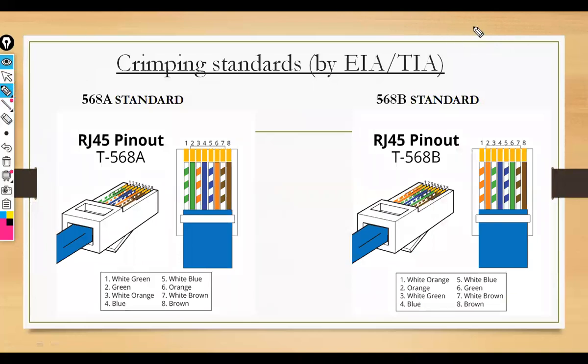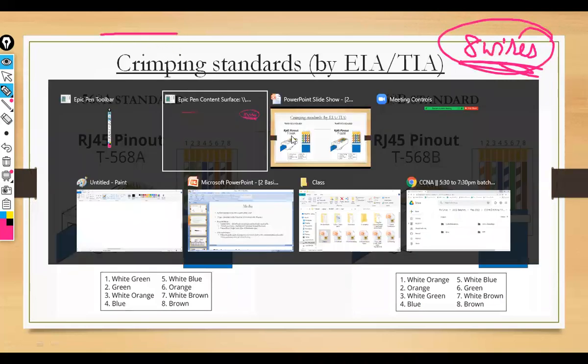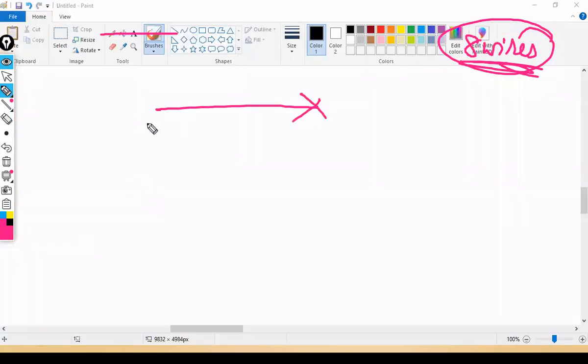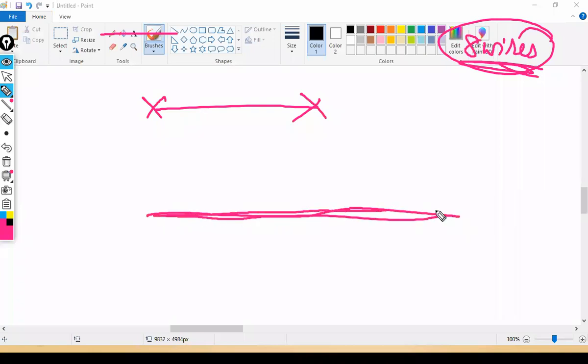Now, I told you, you have 8 wires. This is the wire. Now you have 8 wires here: 1, 2, 3, 4, 5, 6, 7, 8.